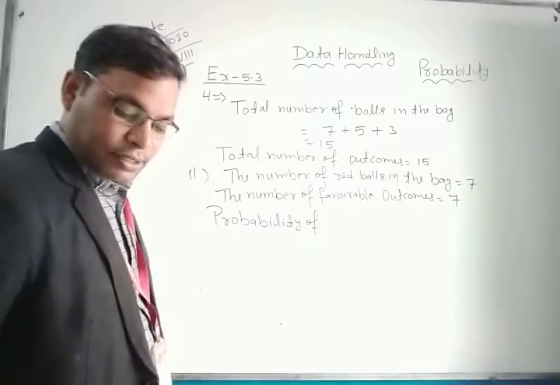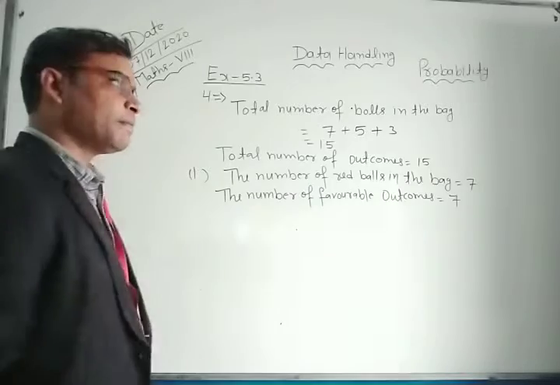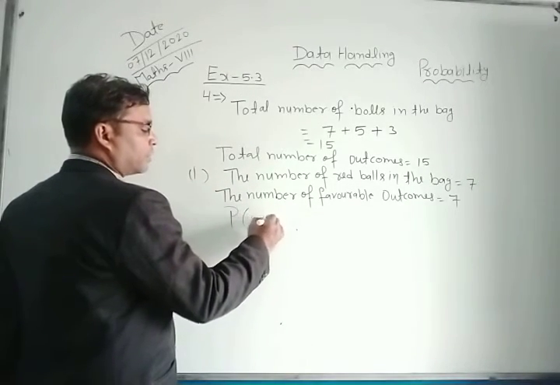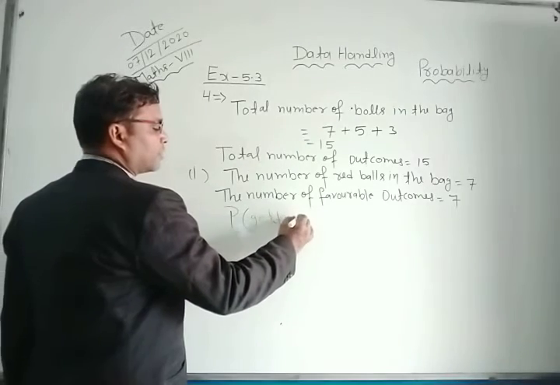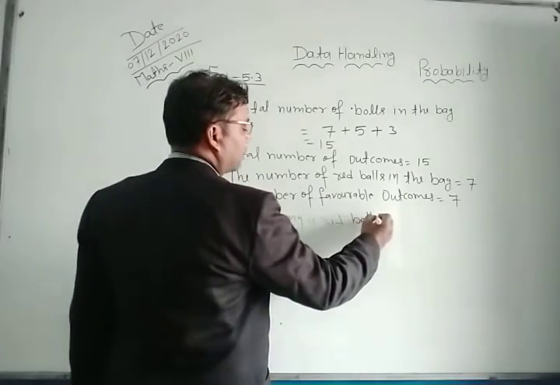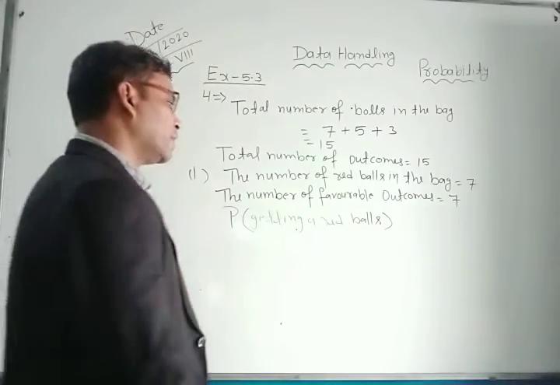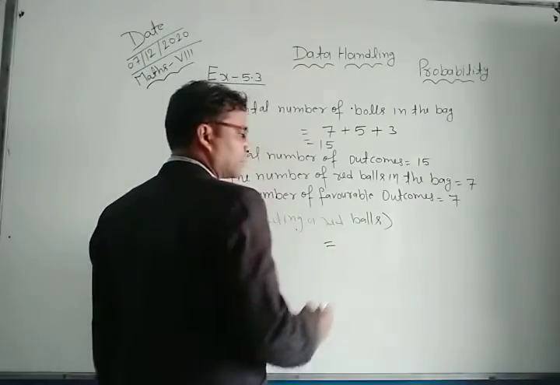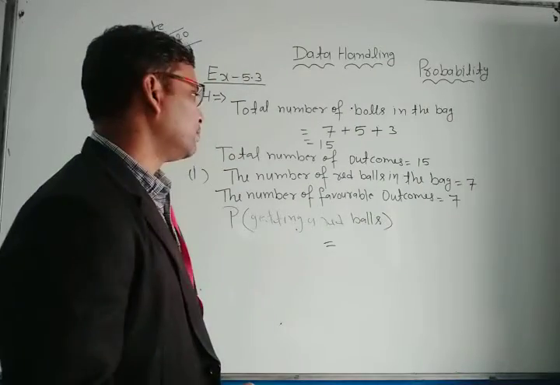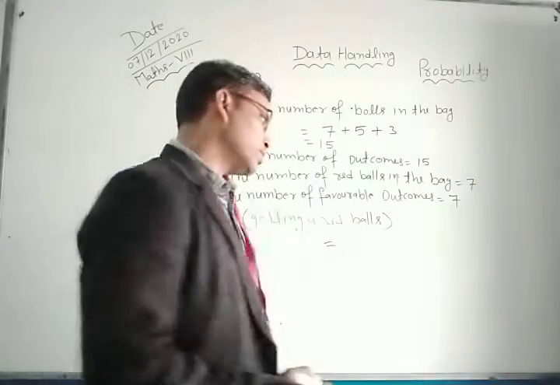We can write like this: probability of getting a red ball is equal to, how to find the probability? We can write here probability equals number of favorable outcomes by total number of outcomes.